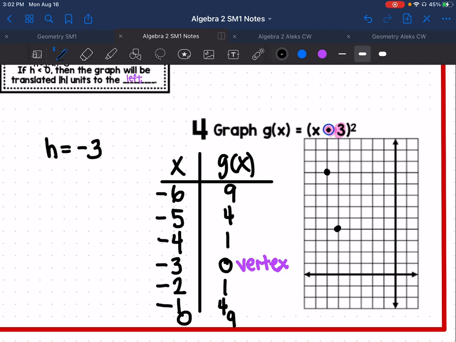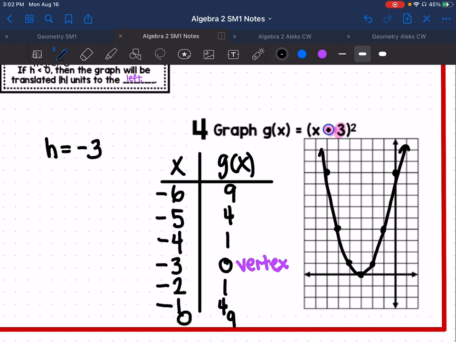Negative 4, 1, 2, 3, 4, 1 up. Negative 3, 0. And then I can just use my axis of symmetry. This time my axis of symmetry would be going through my vertex and look 1, 2, 3, 1, 2, 3. That's how I could do it. That's how I could graph it so fast.